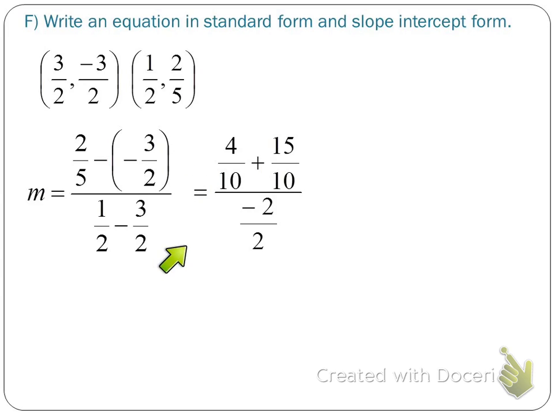If you don't have the calculator, you are getting common denominators within a fraction. Okay? The bottom already has common denominators. So 1/2 minus 3/2 is -2/2. That part is easy. Up top, I'm cleaning up the signs, so minus a negative, and I'm getting common denominators. The common denominator between 5 and 2 is 10.